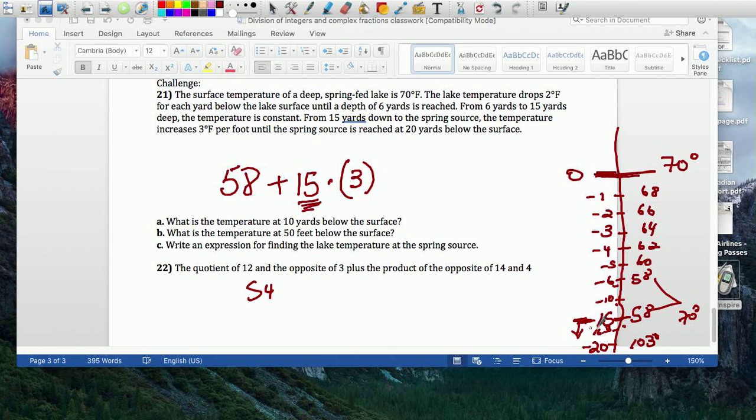So every foot is going to increase by 3 degrees in temperature. So let's see if I get 103. 58, 15 times 3 is 45, and 58 plus 45 is indeed 103. Okay, so little calculation here. Nice question. Hopefully, pretty sure I confused everybody.